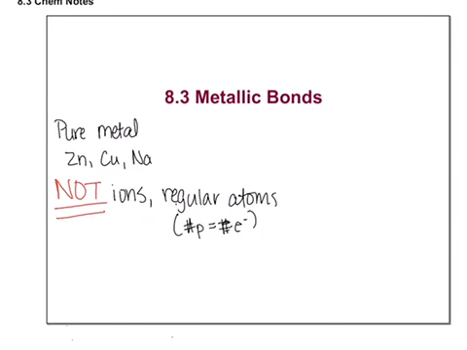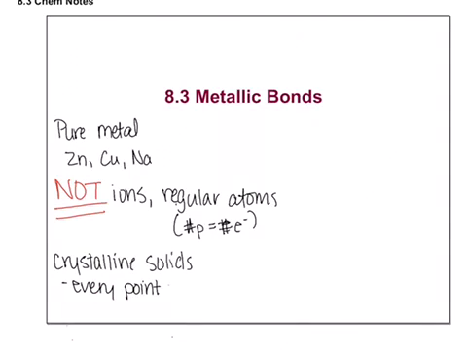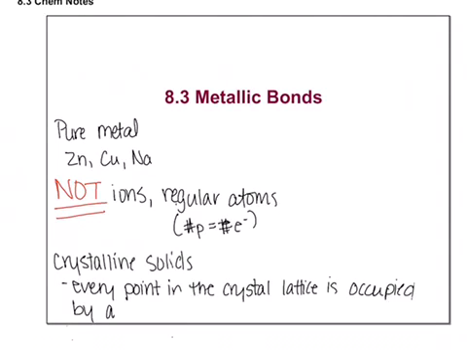And so these pure metals, they're crystalline solids. And every point in the crystal lattice is occupied by an identical atom.